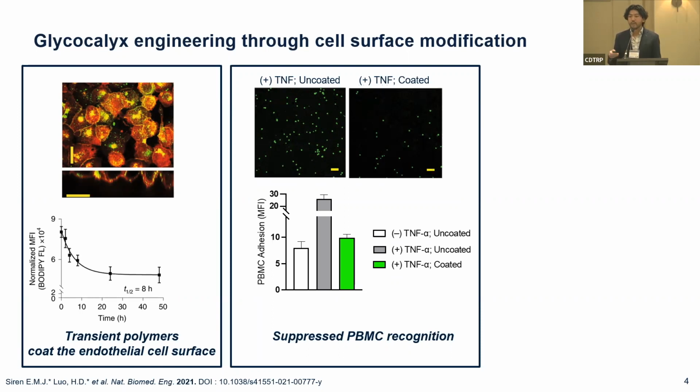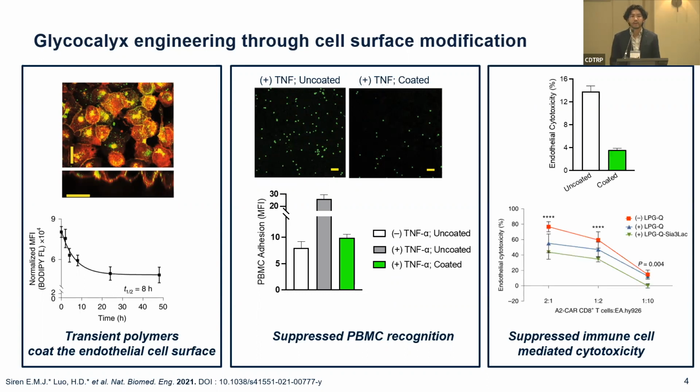But also, with less recognition, we then saw a lowering of immune cell-mediated endothelial cell death. And what I wanted to bring your attention to, at the bottom right graph, is a test with HLA-A2 positive CAR-T cells with endothelial cells that are either modified or unmodified.